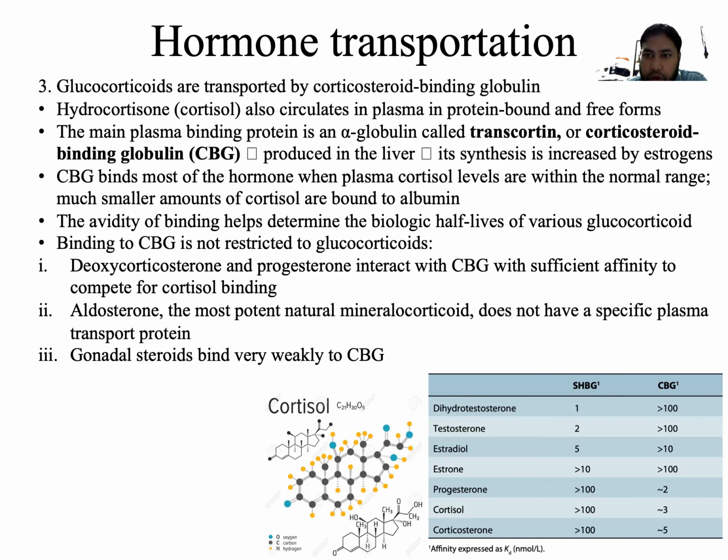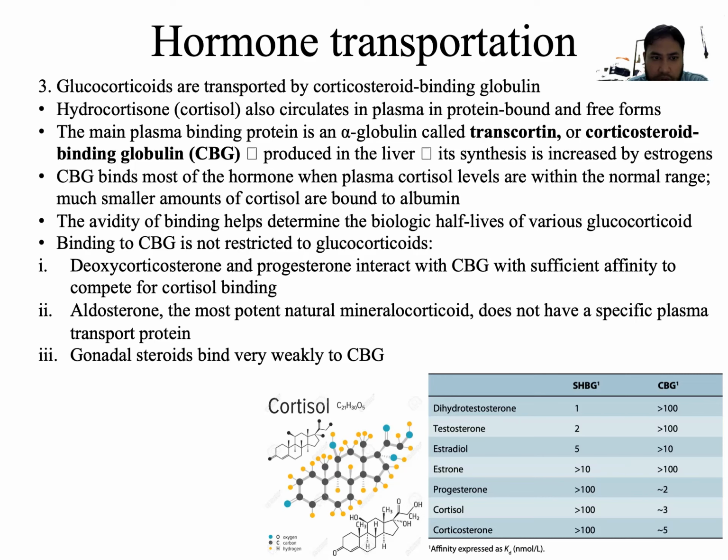We call it transcortin or corticosteroid binding globulin, CBG. This is produced in the liver and its synthesis is increased by estrogen. CBG binds most of the hormone when plasma cortisol levels are within the normal range. A much smaller amount of cortisol is bound to albumin.